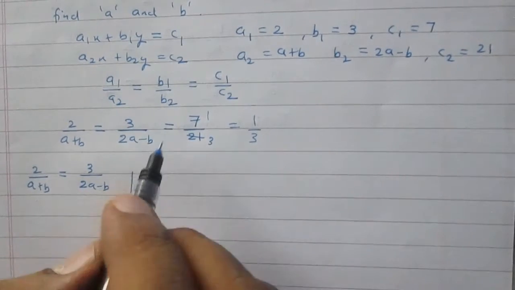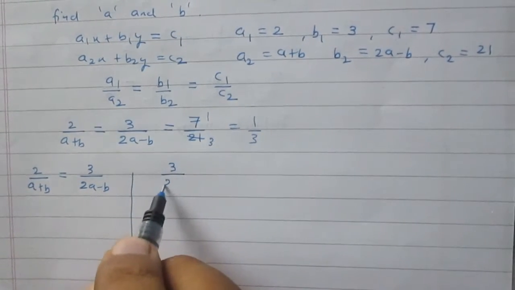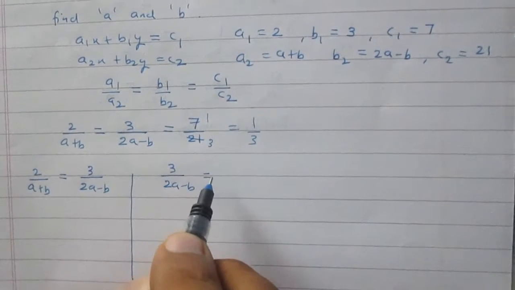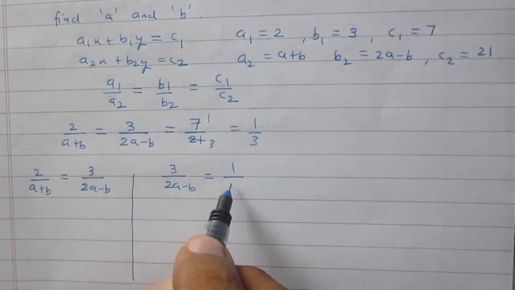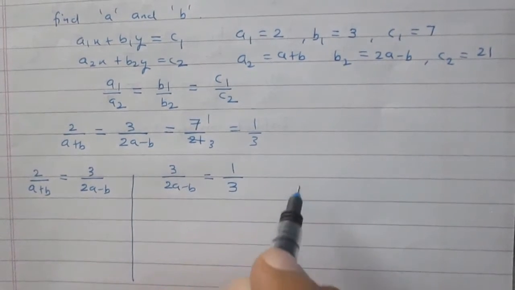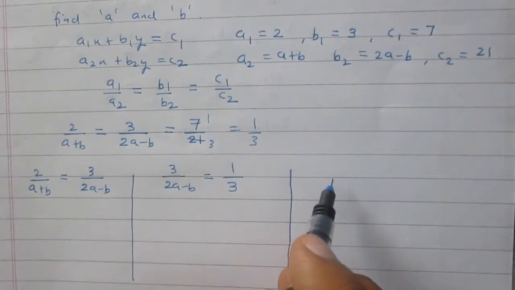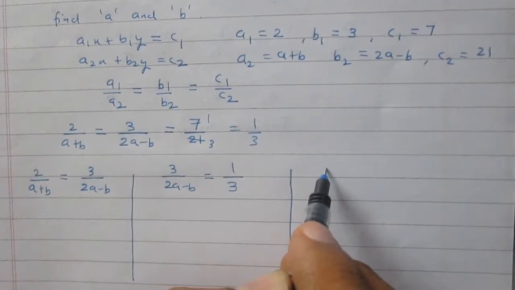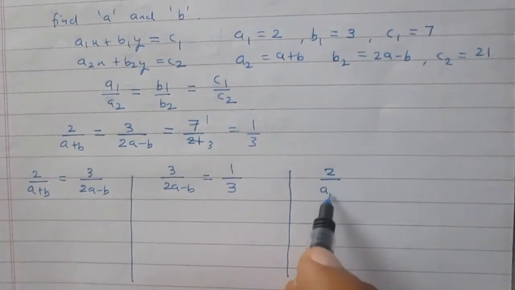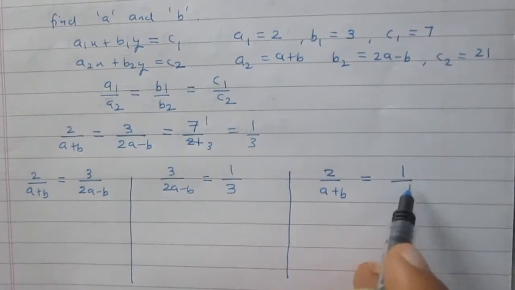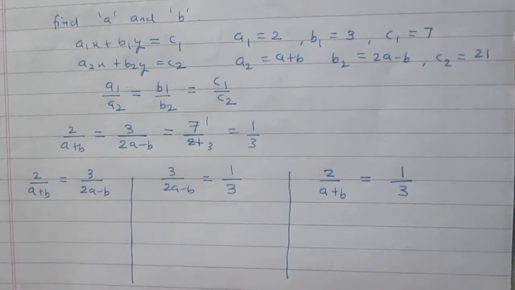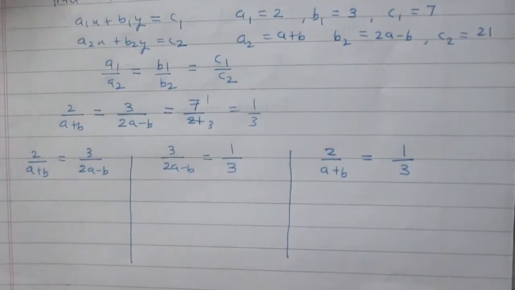In the second situation, we will compare the second and third parts: 3 upon 2a minus b is equal to 7 upon 21, which is nothing but 1 by 3. And in the third situation, 2 upon a plus b is equal to 1 upon 3. Now let us consider all situations one by one.